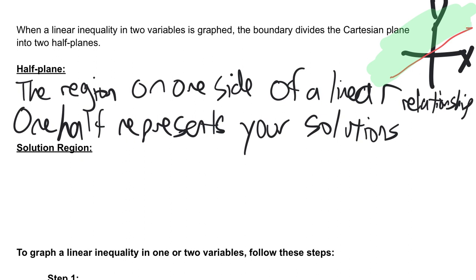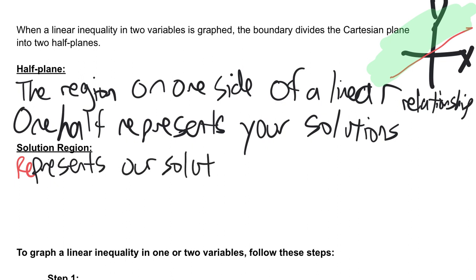So there'll be one side of the Cartesian plane that are all your possible solutions, and one side that are not your solutions. We call the area where all of our possible solutions are our solution region. A solution region represents our solution set. So there's lots of different possible solutions, and these are all of our possible solutions.